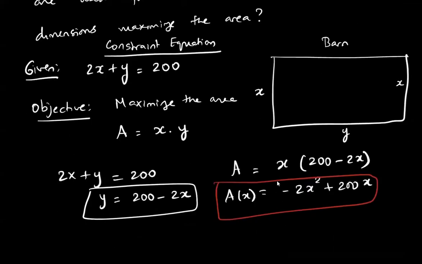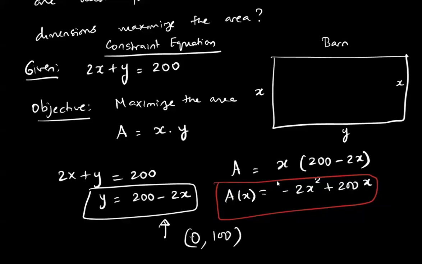Now I need to find the domain of this function. If I look at this constraint, in order for y not to become negative, x has to be less than 100, right? So basically, my domain will be anything between 0 and 100.